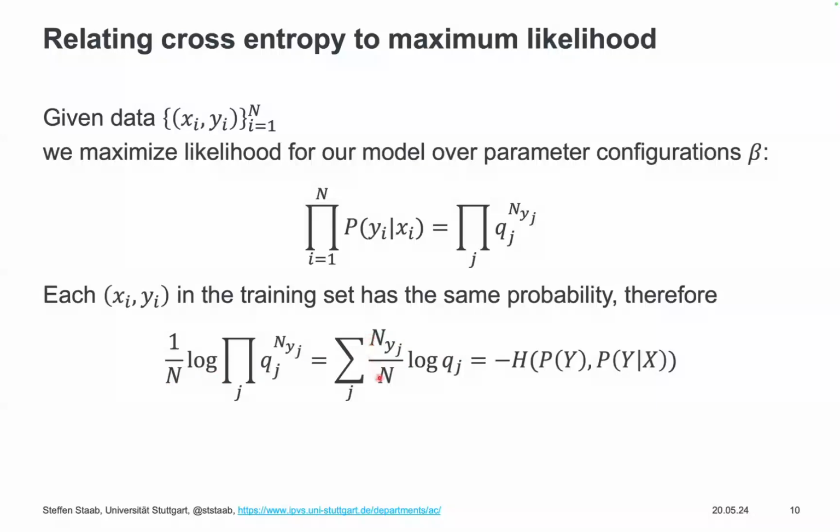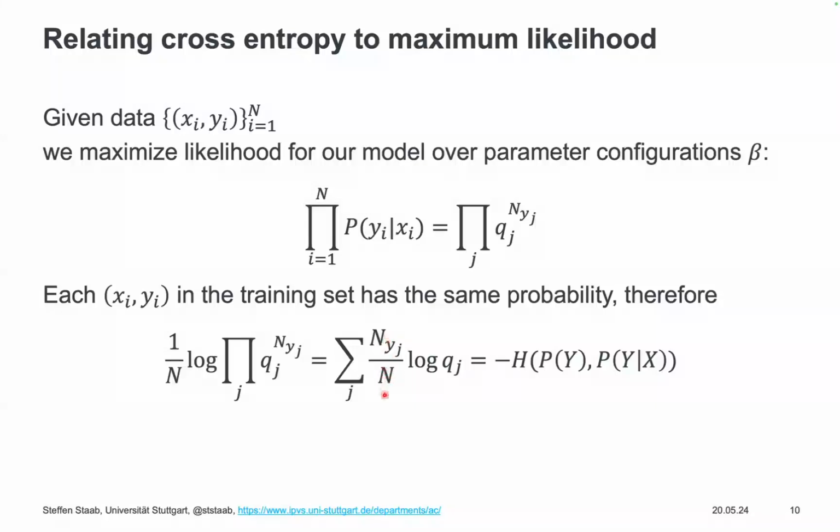And the n can be introduced into the denominator here. Now here I basically count how often does a class occur relative to all observations. So this is nothing else than the prior probability of the class as empirically observed.